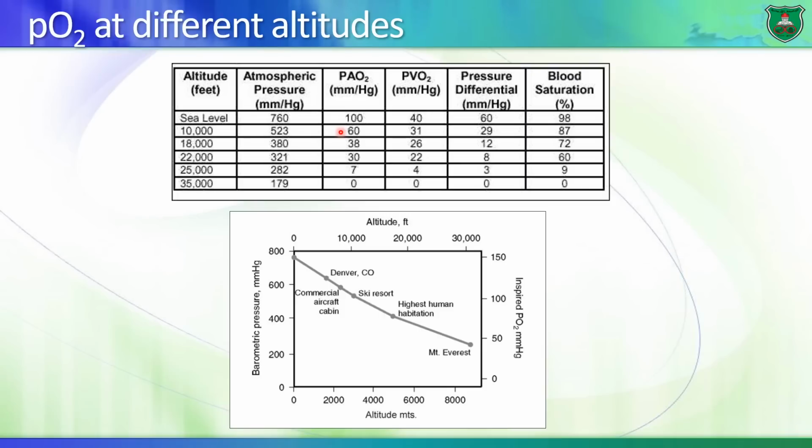So there's a 40% reduction in the amount of oxygen that leaves the lungs. Similarly, the level of venous oxygen is low as well. As you go higher, the saturation of hemoglobin with oxygen gets lower and lower, and that causes a person to have a hard time breathing.